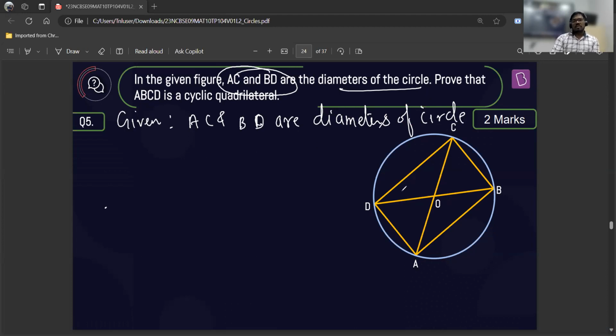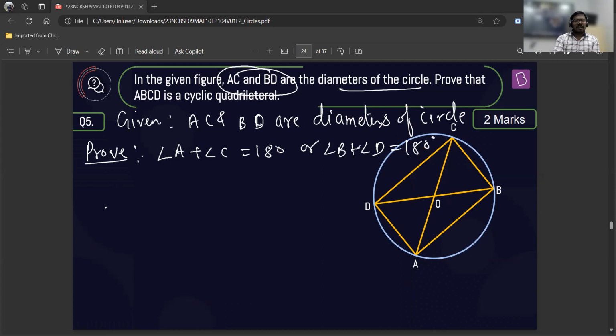We have to prove this is a cyclic quadrilateral, meaning the opposite angle sum should be 180, then we can say it is cyclic, right? So what do we have to prove? We have to prove any one part, like angle A plus angle C is 180, or angle B plus angle D is 180. One we will prove, the second we will directly write similarly.